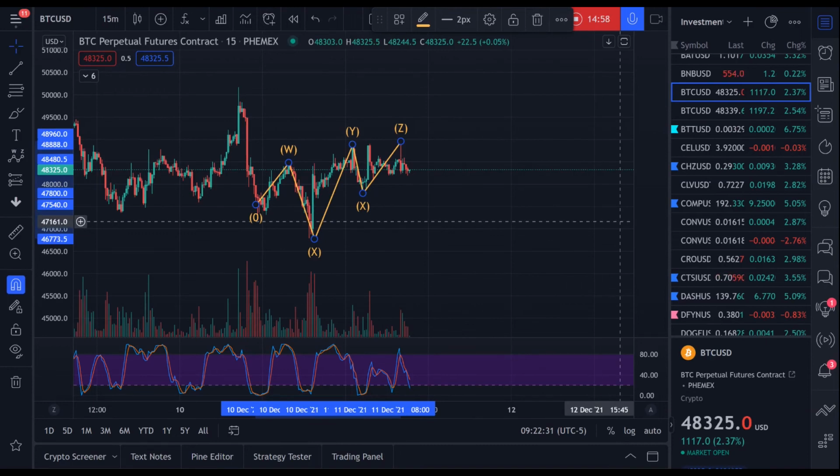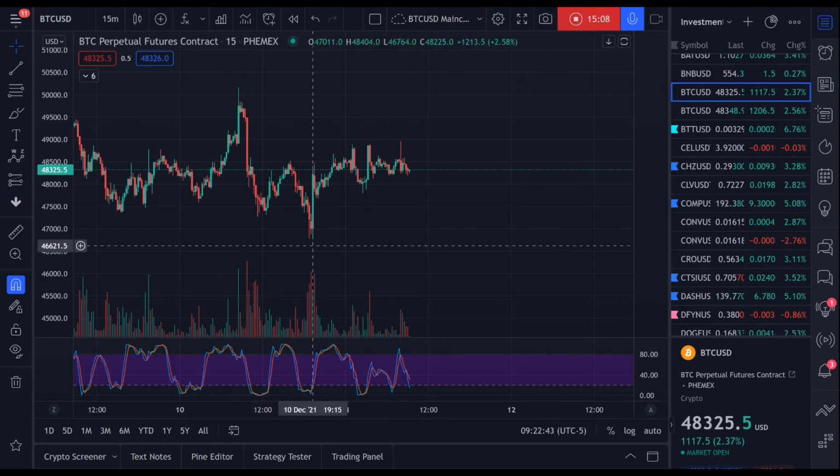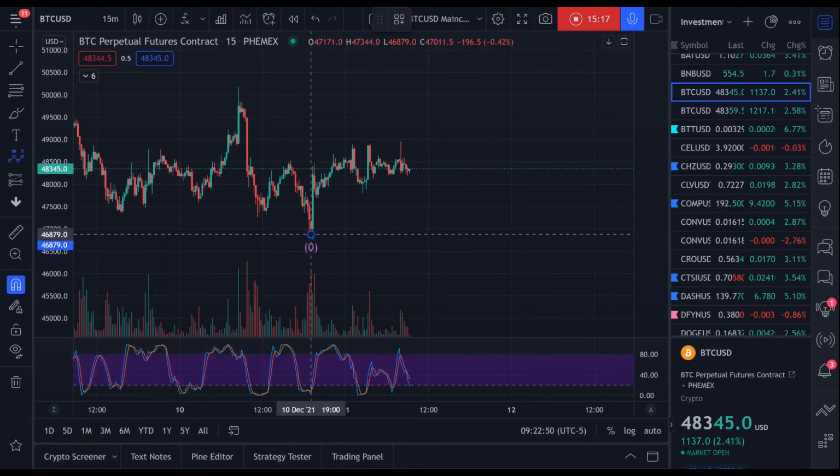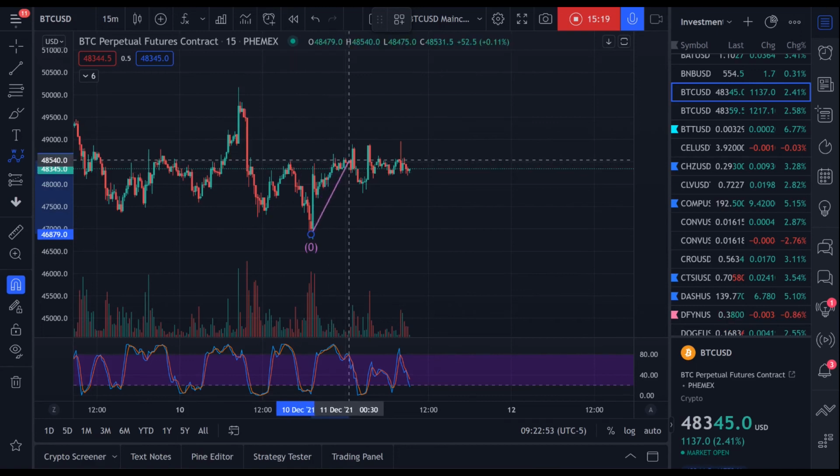There we go. This is the complex correction that I'm seeing, okay, for Bitcoin. Actually, no. The complex correction starts here. It's a WXY. Right here. WXY.